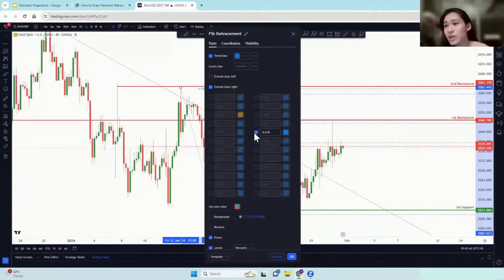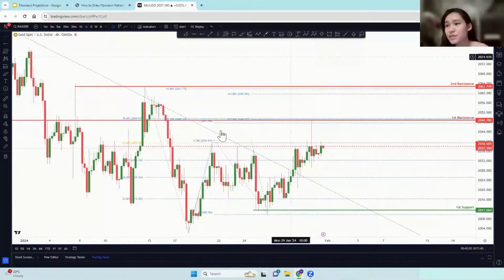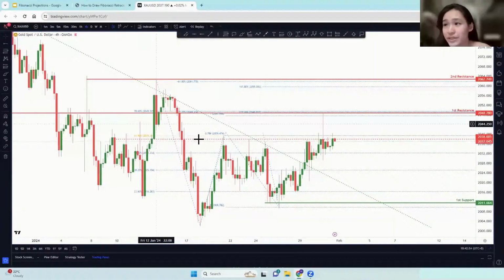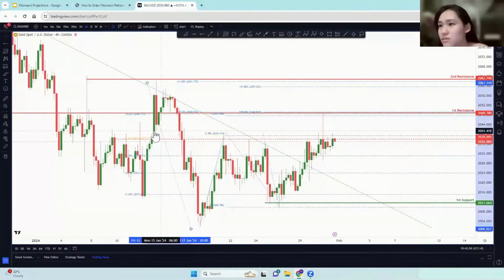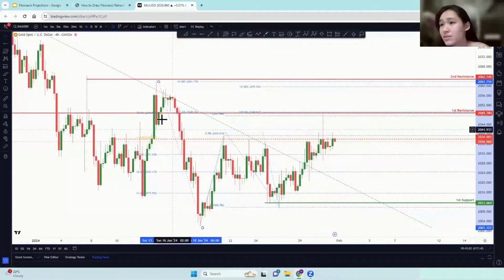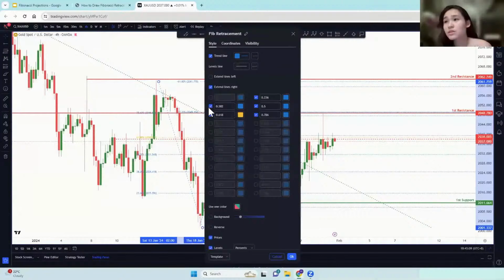For retracement, we look at the mid-range levels. We can see the 61.8 lines up with the intermediate level, and the 78.6 lines up with my first resistance. So I'm just going to keep those two levels.